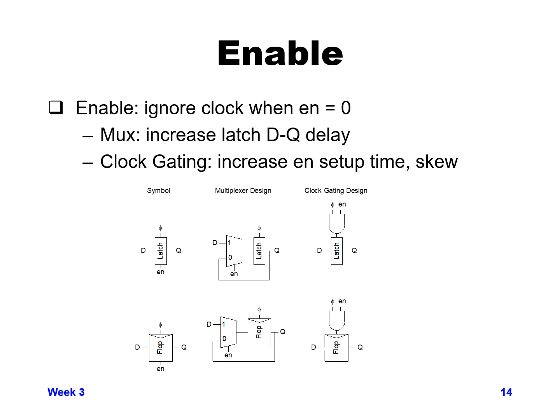So if the clock switches, we choose that new value of D if enable is 1. But if enable is 0, we have the value coming out of the latch or flop going into the 0 input. And if enable is 0, the clock can switch, but we're going to choose the output value from the flop going back to its input, and so it will stay the same value even as the clock is toggling. So the mux can basically be used as one design.